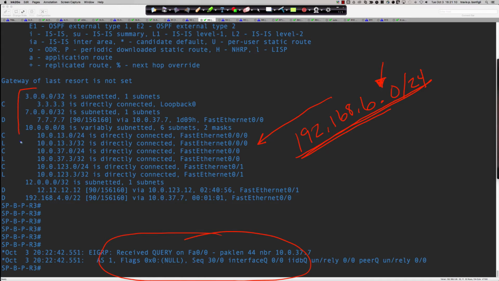And then router 3 looks into his routing table and says, do I have an entry that I've learned via EIGRP for exactly 192.168.6.0/24 in here? You don't, because it's been summarized, right? It sits in this summary range, but router 3 looks at the request from 7 and says, nope, I don't have that.